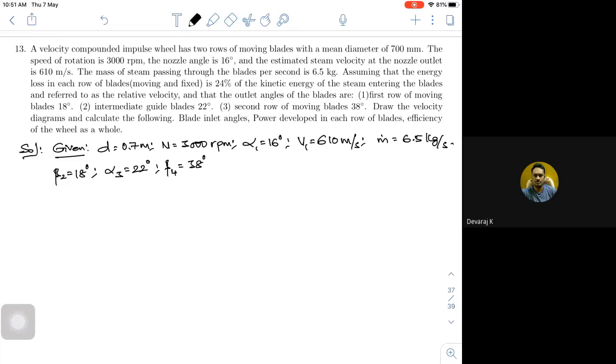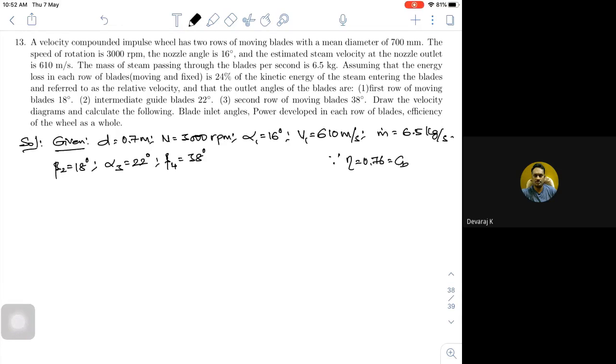What they are giving is energy loss, in terms of efficiency, that is equal to CB square into VR2 square by VR1 square. They are giving it in this particular form so that I can find CB. So CB is equal to the square root of 0.76.